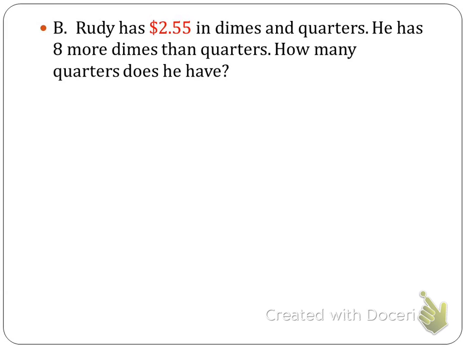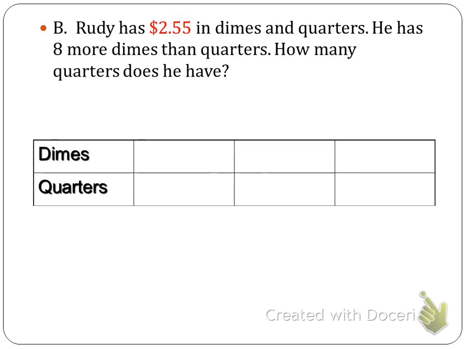All right, here is part B. This says, Rudy has $2.55 in dimes and quarters. He has 8 more dimes than quarters. How many quarters does he have? So, here's our 2 items, dimes and quarters.